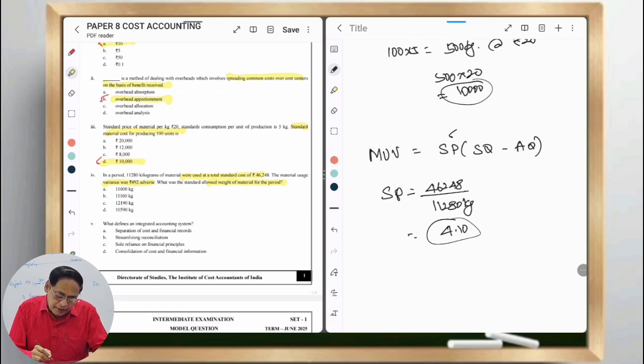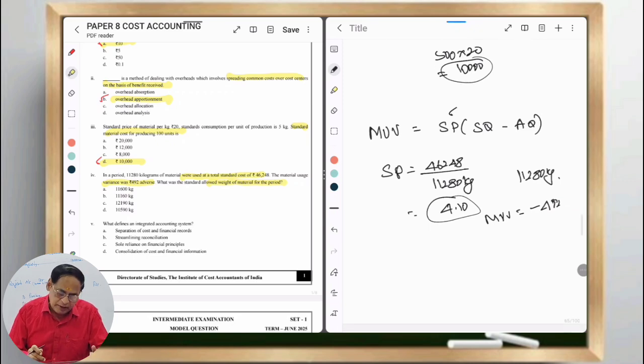What is the standard quantity? Standard quantity we are asked to find out, but actual quantity is 11,280 kg. MUV is given as minus 492. So if you make an equation, you can easily find the value of standard quantity. MUV equals minus 492 equals standard price 4.10 into standard quantity, which we have to find out.